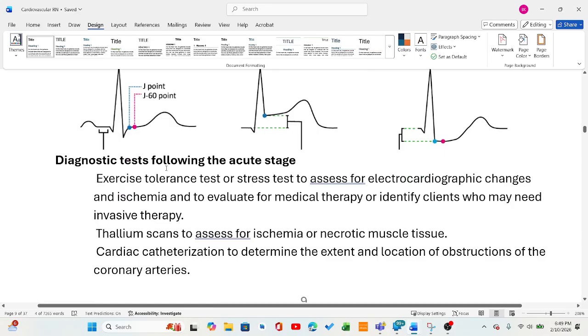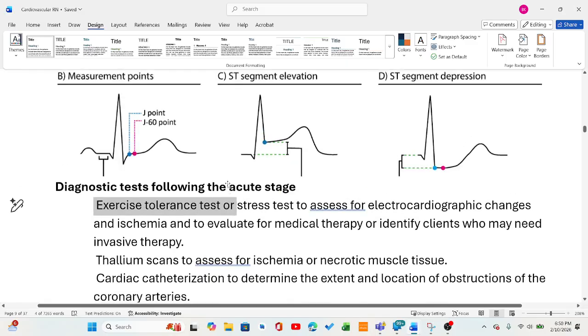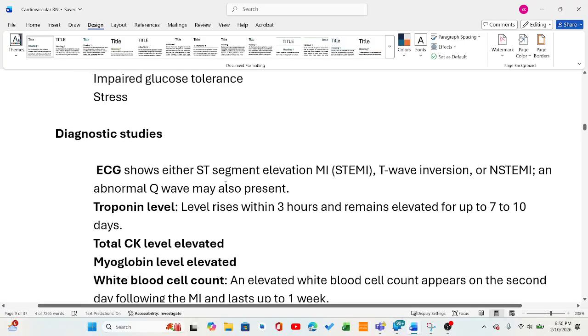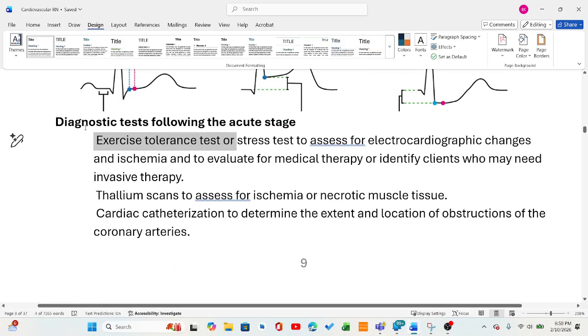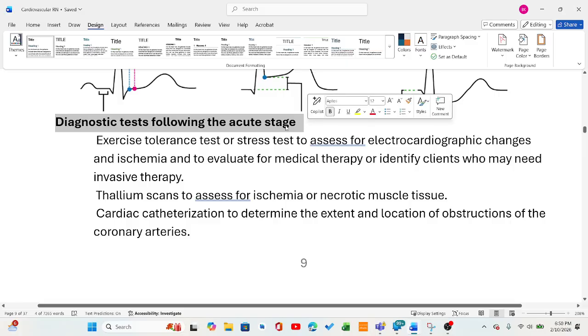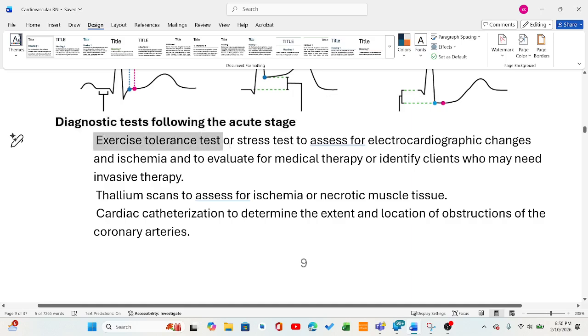So our diagnostic tests that we're talking about. The first thing, think about now, after the person gets an MI, sometimes the doctor will want to see what kind of stress is being put on the heart with myocardial infarction. Again, the doctor will order what we call the exercise tolerance or the stress test, which we did talk about before.